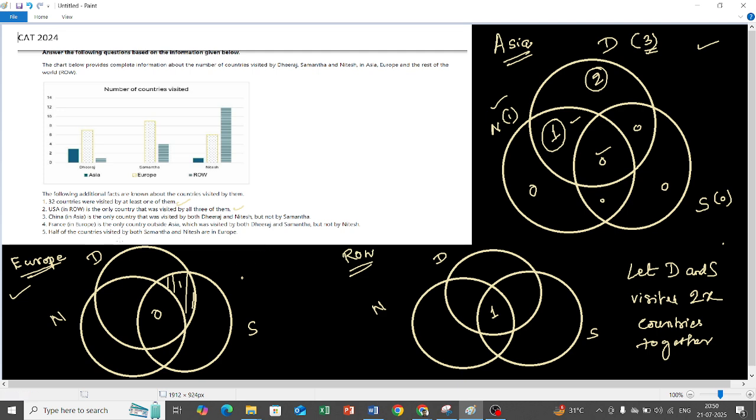Okay, so if that is the case, what is given? Half of the countries visited by both Samantha and Nitish are in Europe. So if 2x is the total number of countries, then what is the half of 2x? X, right? What is the half of 2x?